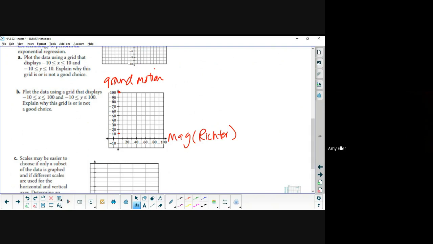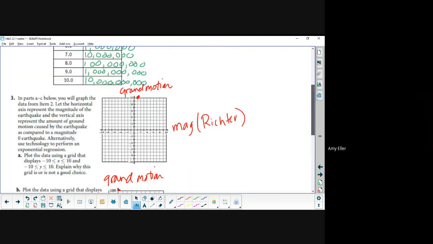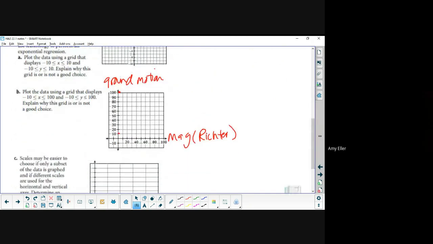C, on page 345, scales may be easier to choose if only a subset of the data is graphed and different scales are used for horizontal and vertical axes. So for both of these, they counted by ones and counted by ones. Here they counted by tens and counted by tens.